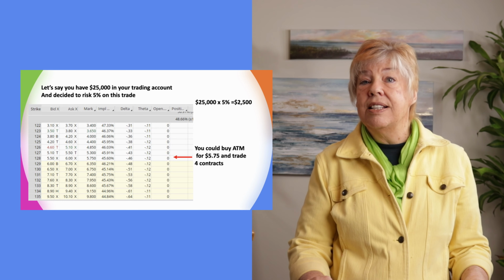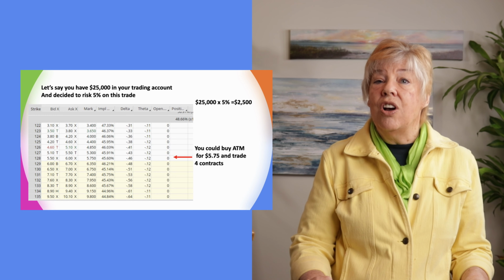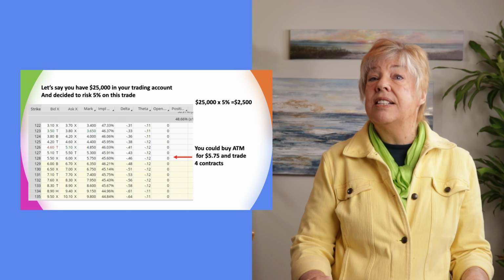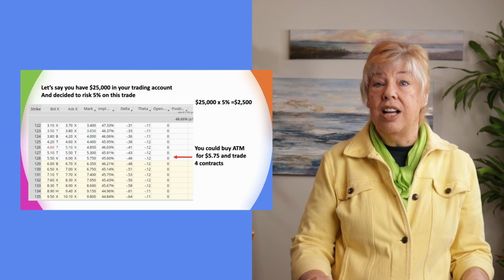Here's an example of how I'd set up a trade using all the elements we've just been talking about. Let's say you have $25,000 in your trading account. To calculate the risk, it's $25,000 times 5%. That would equal $2,500. And you're going to buy this option right at the money or the Delta 50 area. It's going to cost you $5.75 per share. Now there are 100 shares in each contract.